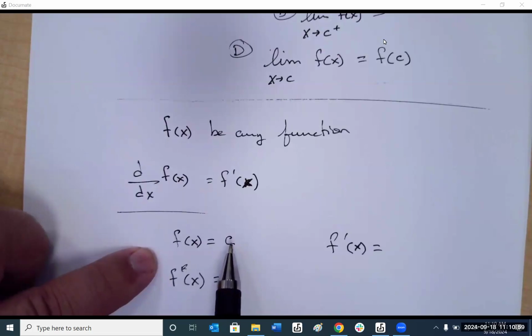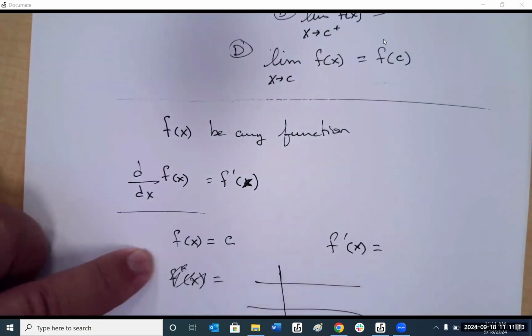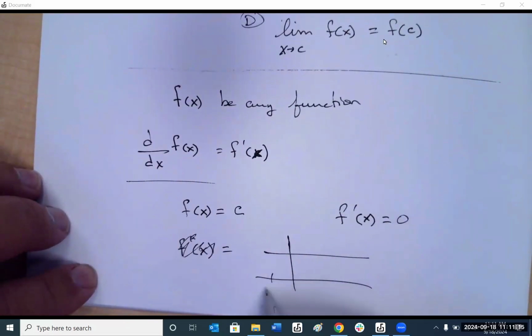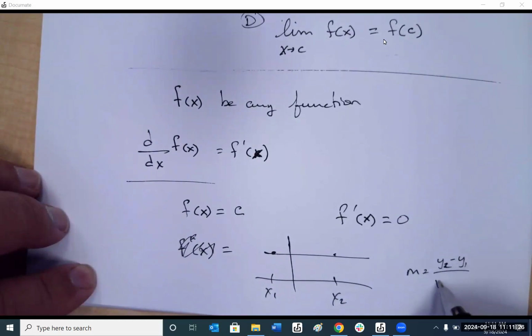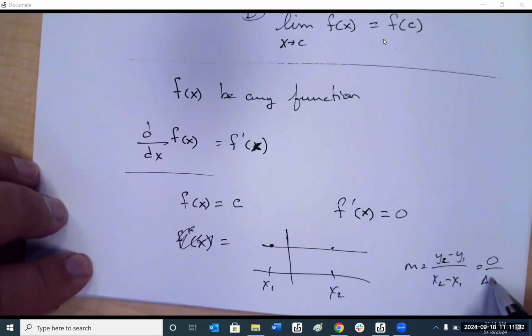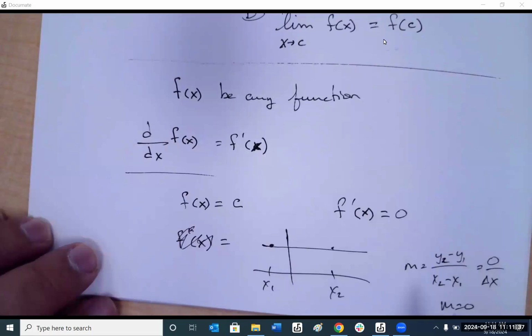What is the slope of a constant function? What does a constant function look like? A horizontal line. Let's draw the graph here. Very good. Because no matter what x's you give me, the y's are the same. So if the y's are the same, the top is 0. So therefore your slope is 0, which is the derivative.